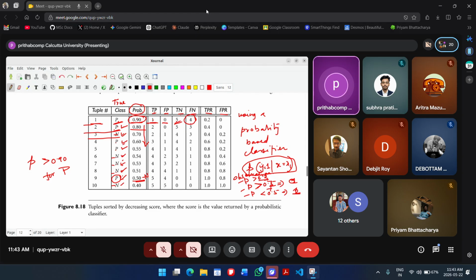Once we have all these entries, you can calculate TPR and FPR.